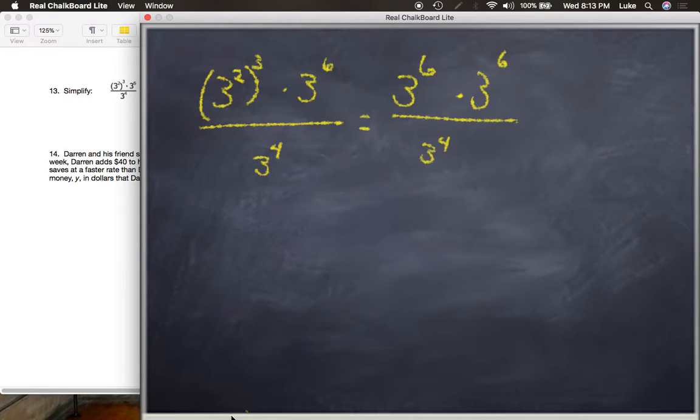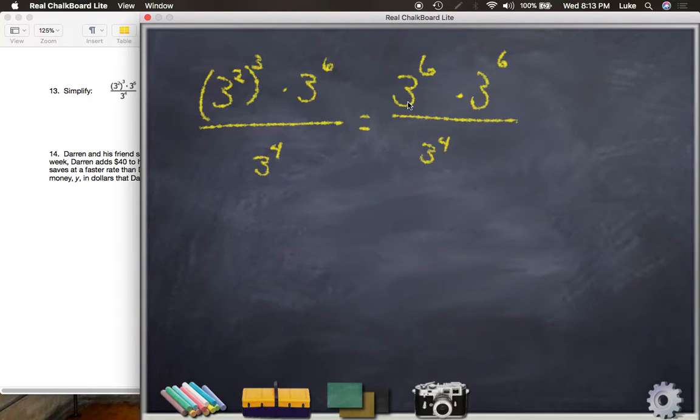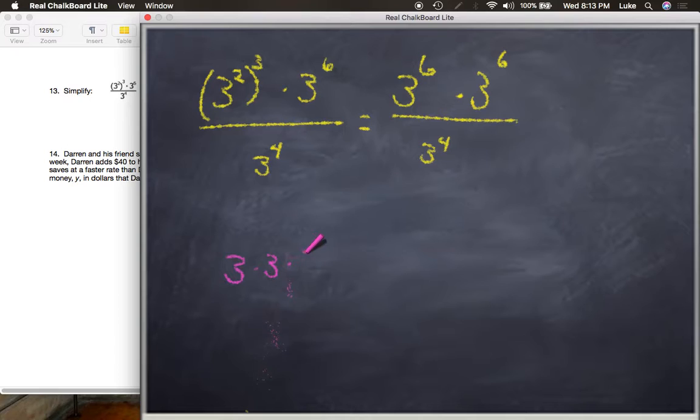So again, let me illustrate why we're adding that. If we have 3 to the sixth power times 3 to the sixth power, that's like saying 3 to the 6, so I'm going to write 6 3's here. So 1, 2, 3, 4, 5, 6.